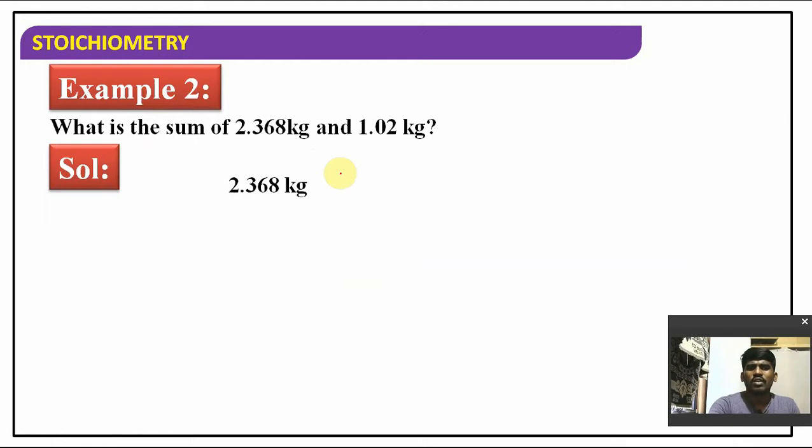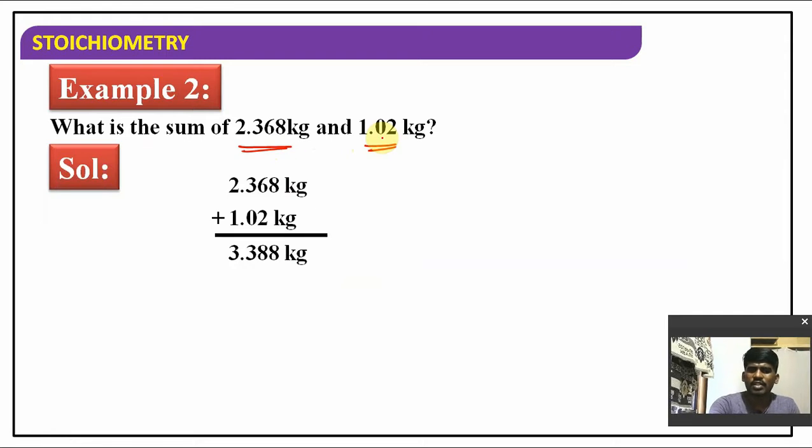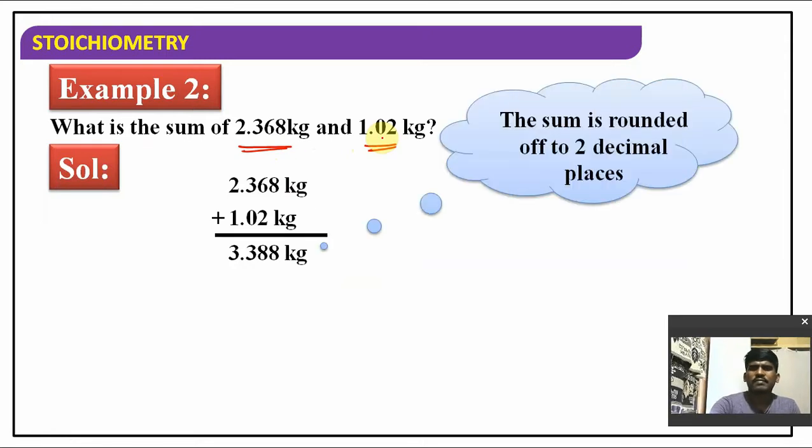Now example 2. What is the sum of 2.368 kg and 1.02 kg? So what we got, guys? After adding, we got 3.388. But the answer should be reported to the value having fewer significant figures after the decimal.